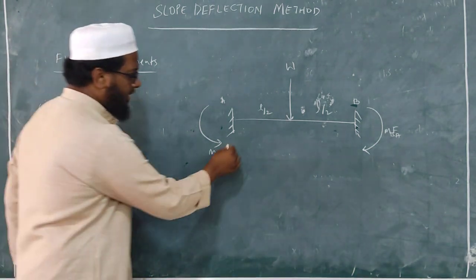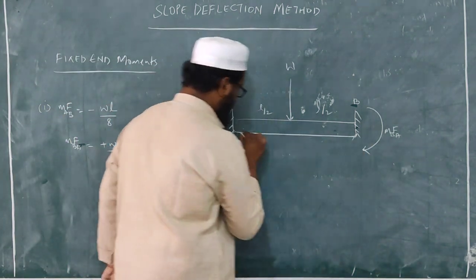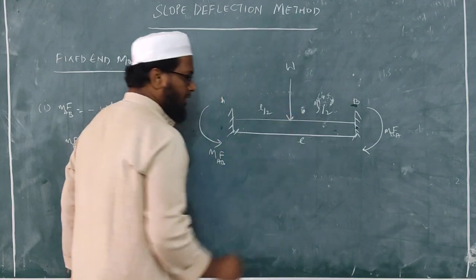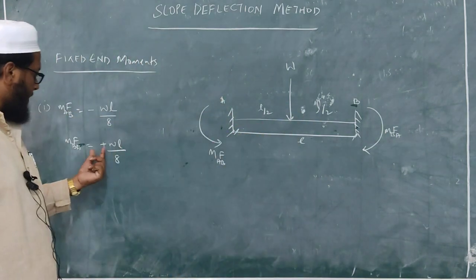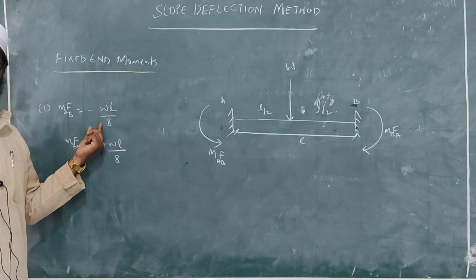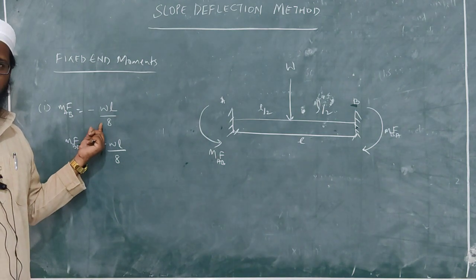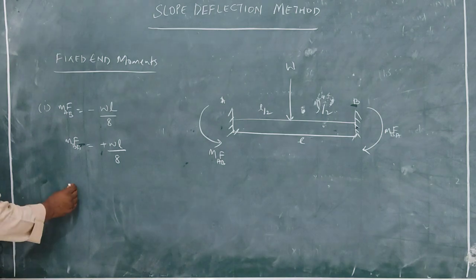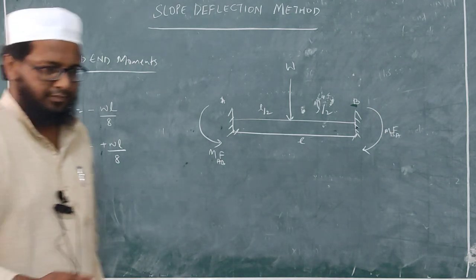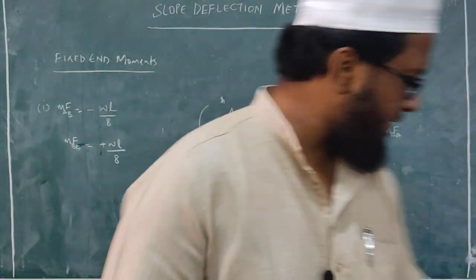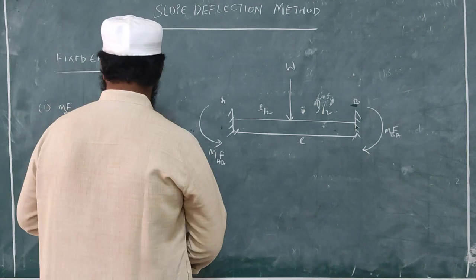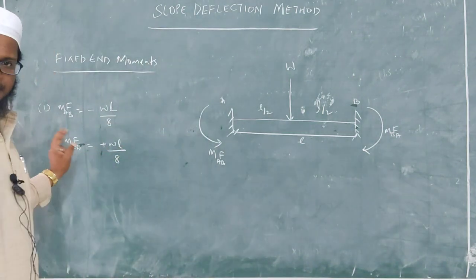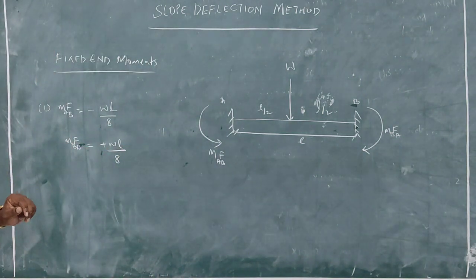Now what is L here? L is the total span of the beam. Clockwise MFBA is positive, anti-clockwise MFAB is negative. This is the first case. You can copy down this one.